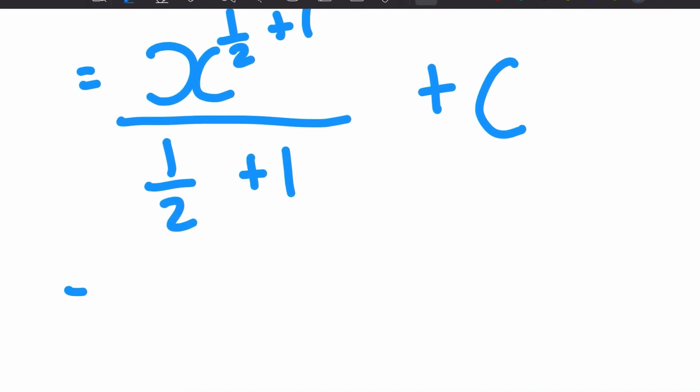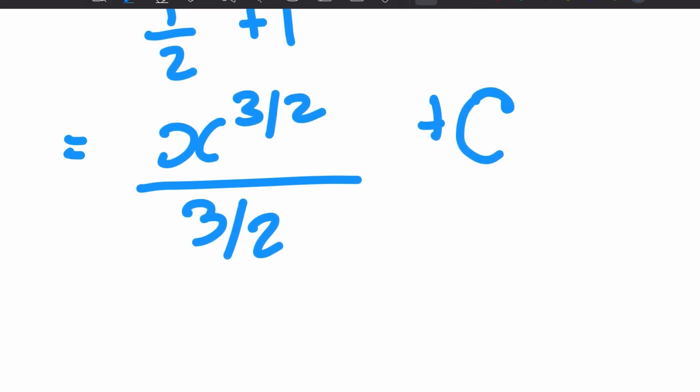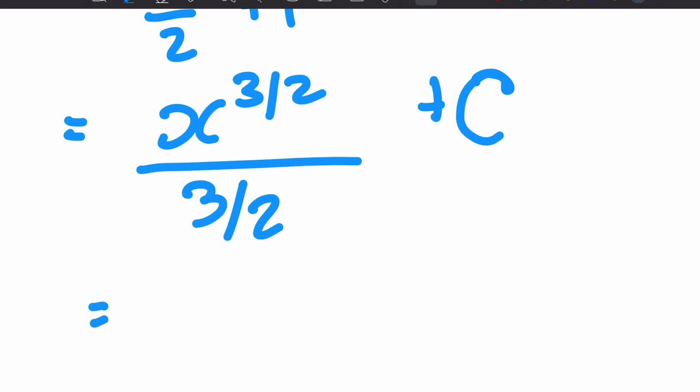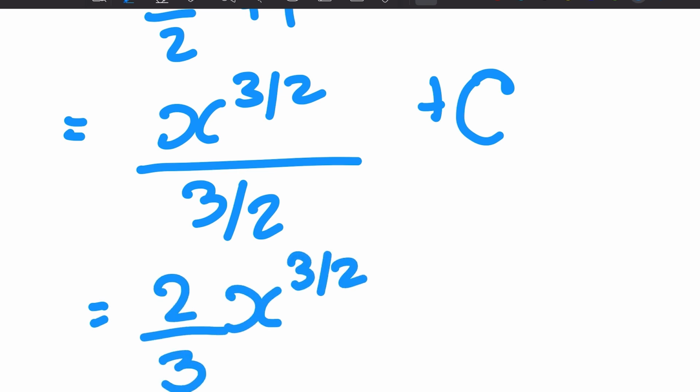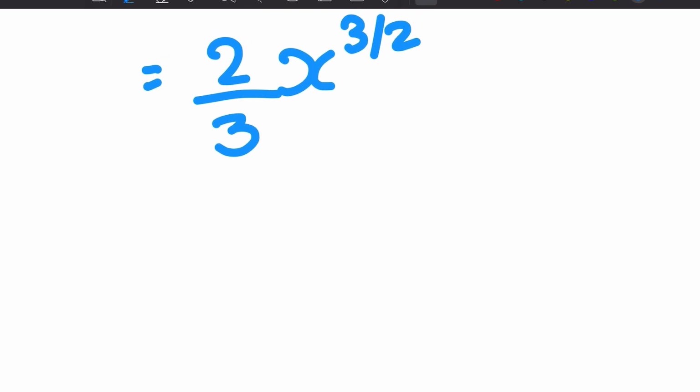So we'll say it's equal to x to the 3 over 2 over 3 over 2 plus c. And to make this a little bit easier, we'll say it's 2 over 3 x to the 3 over 2, because when you're dividing by a fraction, you can also just multiply by the reciprocal, and that's the exact same thing. So that was a pretty easy example.